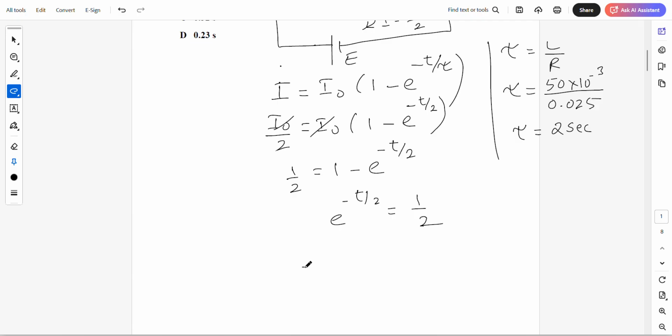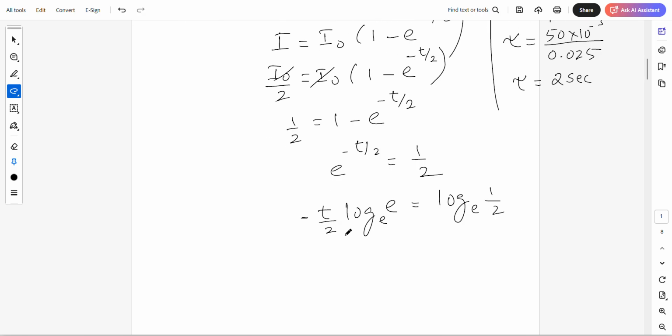Therefore, minus t by 2 log of e to base e is equal to log of 1 by 2 to base e. Log of e to base e is equal to 1. So minus t by 2 is equal to minus log of 2 to base e.